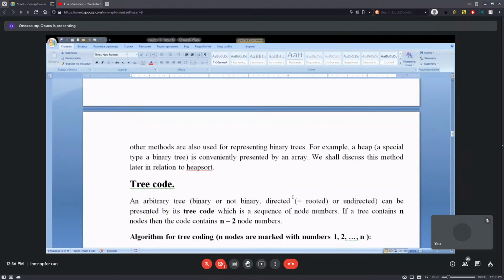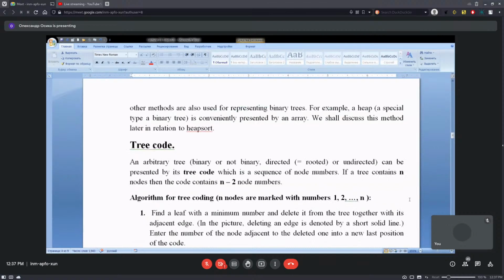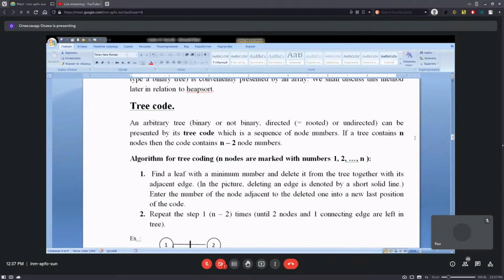Also, here is another method to represent a tree formally by a code, a sequence of numbers, the tree code.